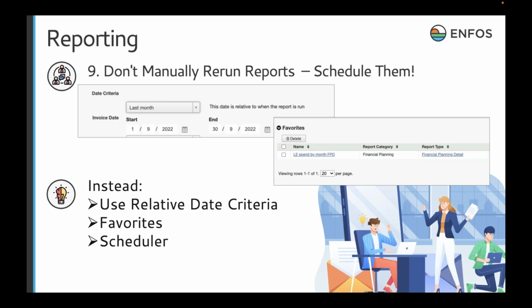Well, I save each one as a favorite. I schedule a report. I add both of those favorited reports in my schedule. And now my scheduled report that gets emailed to me automatically has two tabs in that report, one for US and one for Canada. So I've built my workbook with all of this ENFOS data. It gets sent to me every month, and I've got it right there ready for me in my inbox.